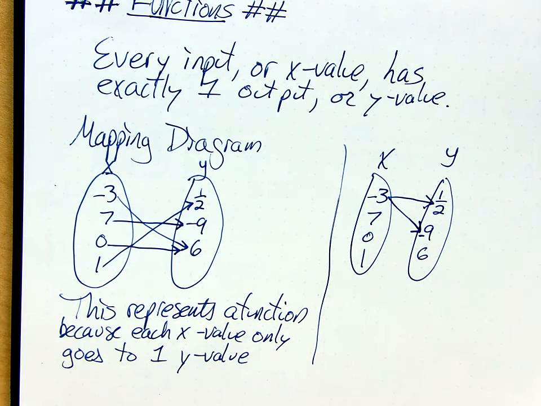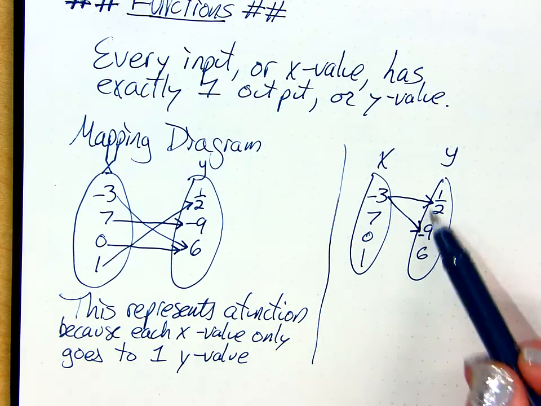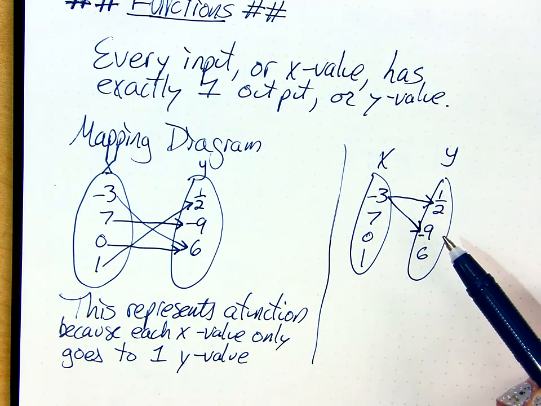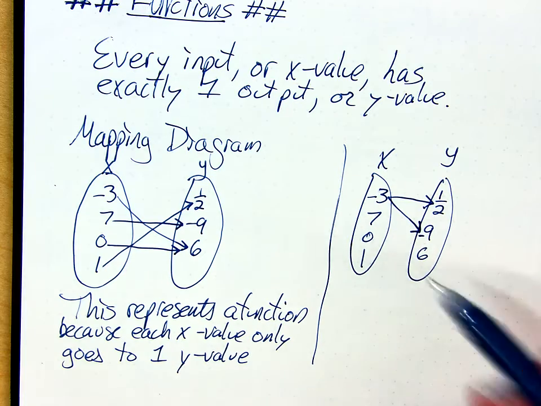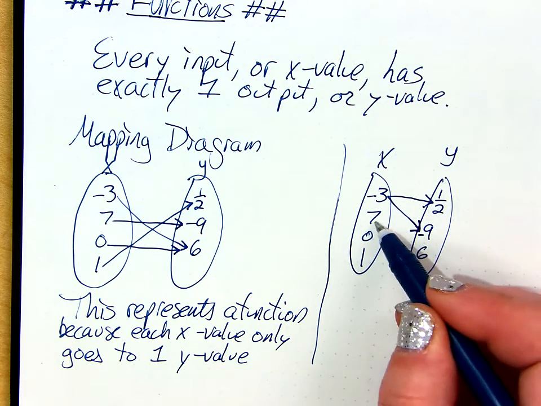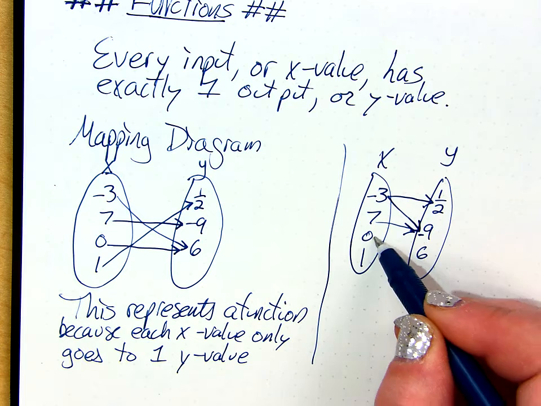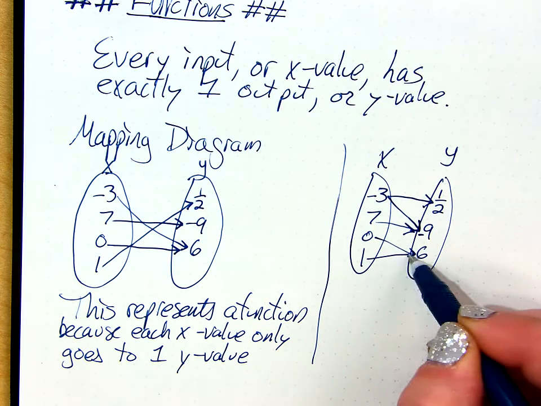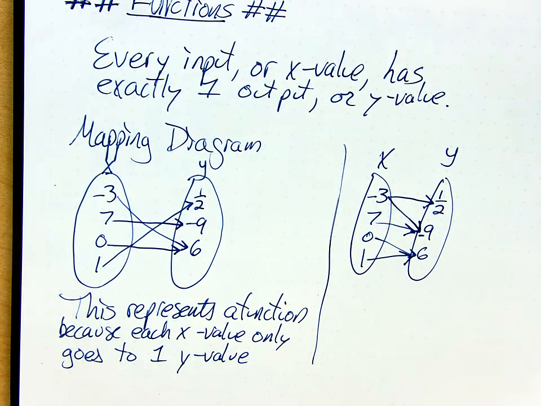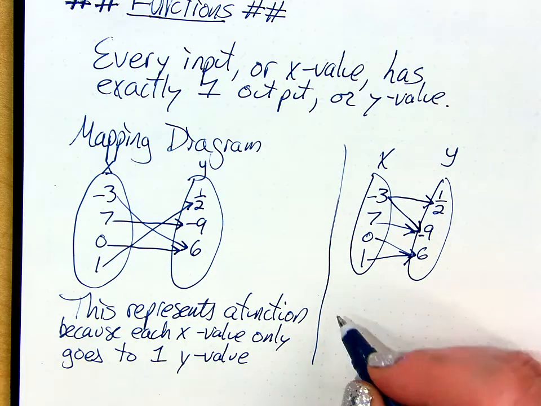That's where now it's broken. Because now I have one x value that's going to two different places. That's impossible. That's one person having two different ages. That can't be. So it doesn't even matter what the other ones are doing. I don't know. I'll just draw the arrows just to finish it out. And let's say maybe both of those go to -6. But since the -3 is going to two different places, that can't be. So this is not a function.